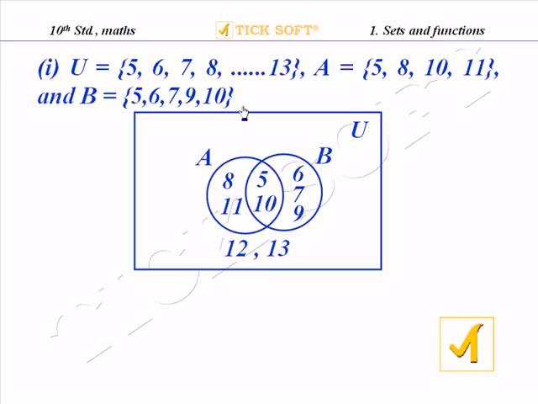Then the universal set: here from 5 to 13 we are having the elements 5, 6, 7, 8, 9, 10 and 11. So the remaining 12 and 13 should be taken outside A and B, because 12 and 13 are not there in A and also not in B, but they are in the universal set. So it should be taken here, 12 and 13.